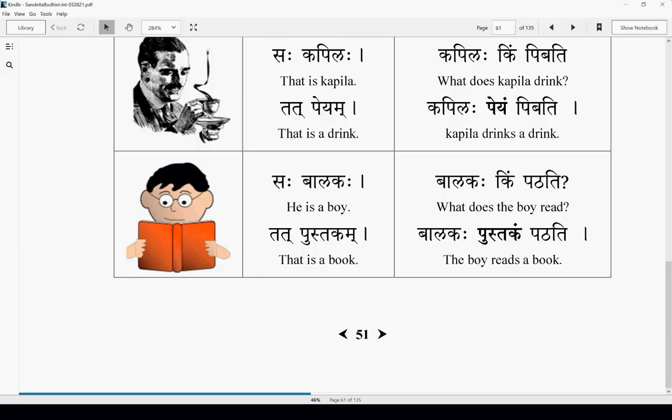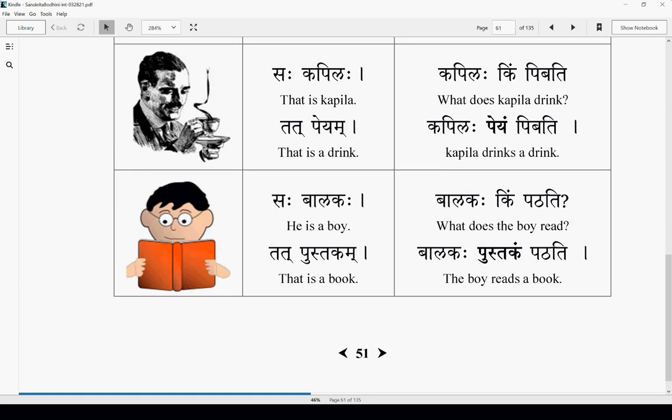So if the sentence is like Saha Chalati, suppose that is a sentence. We have sentence Saha or Balaka. Saha Chalati.